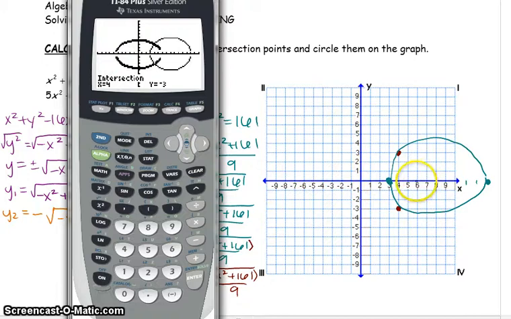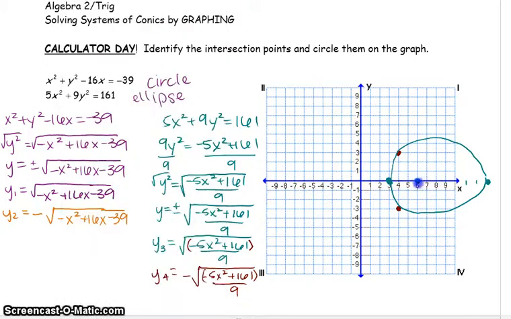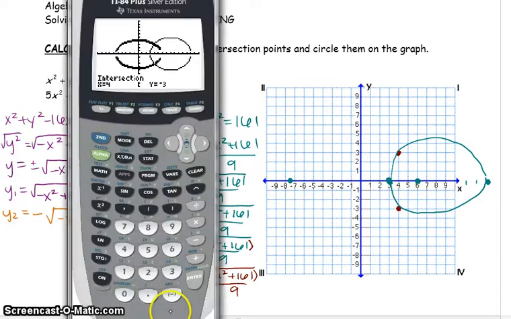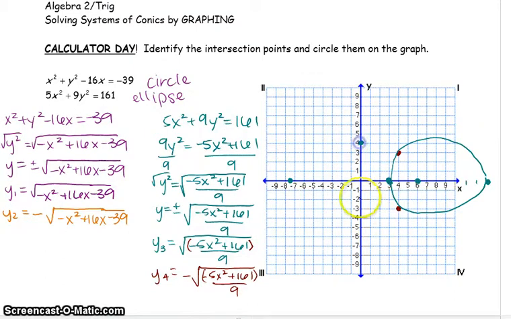So if we make a point at 6, make a point in between 7 and 8, and we can look to see what our y-intercept is. 1, 2, 3, 4, up 4, and 1, 2, 3, 4, 5, roughly, -5. So it's going to be up at 4 and down to -5. So our ellipse is going to look something like this.